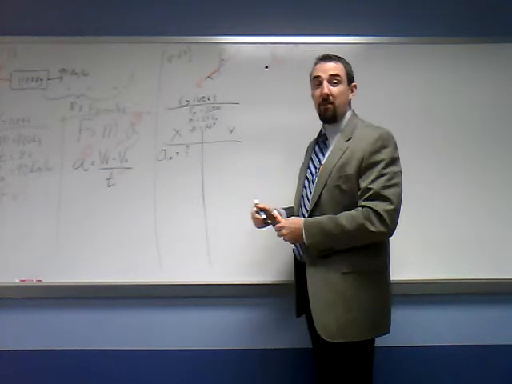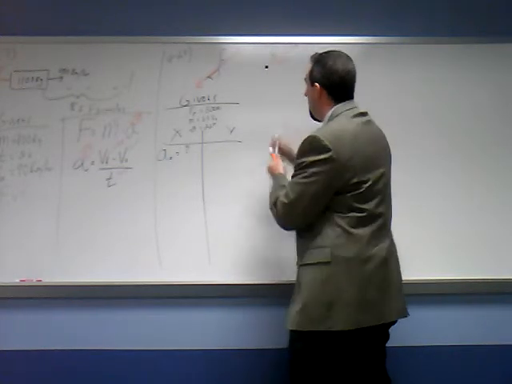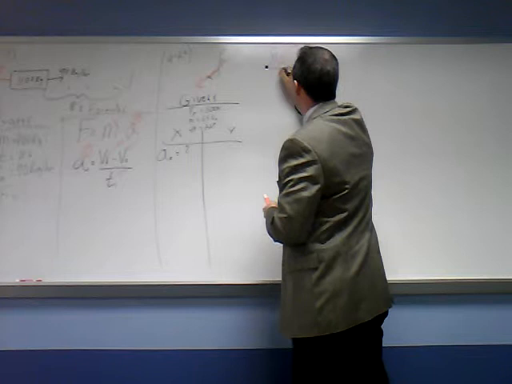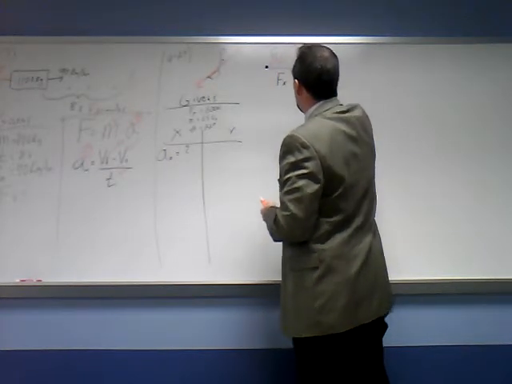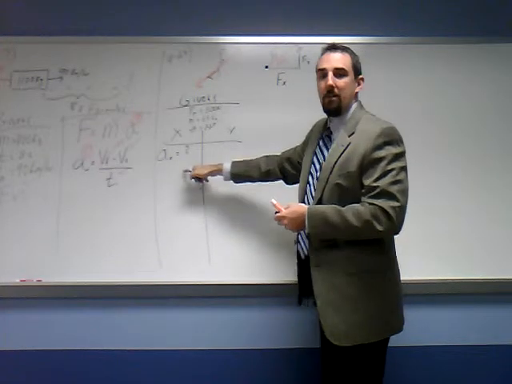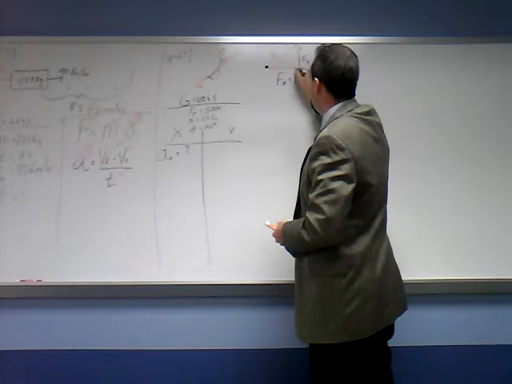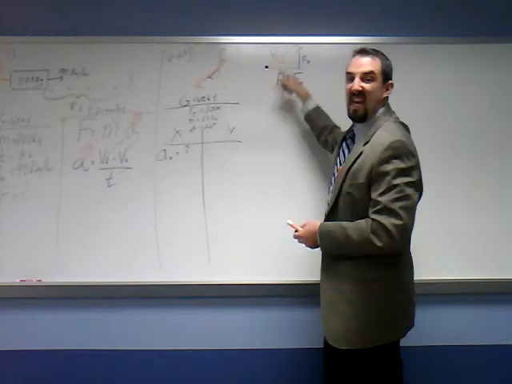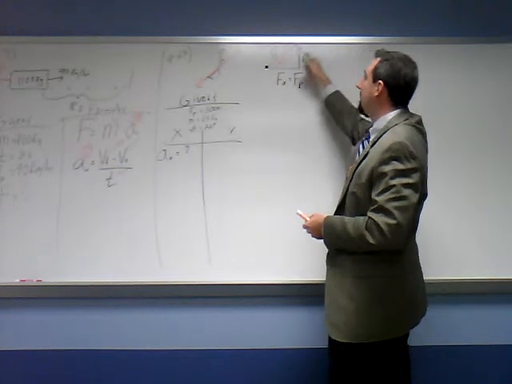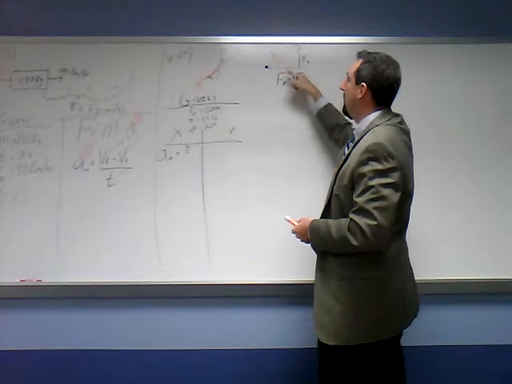Just like we did with velocities, if I know there's an 800 newton force going up at an angle, I can break that down into a force in the x direction and a force in the y direction. Now all I care about right now is the x direction, so let's just get that. Force in the x direction is force of the person times, with the angle over here, I'd be seeing the angle, so Fy would be sine, Fx would be cosine.